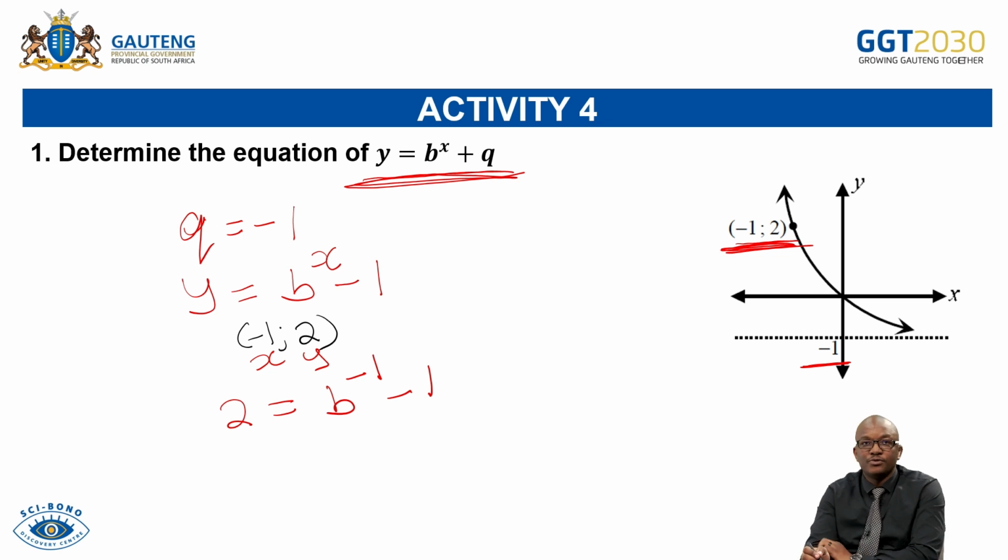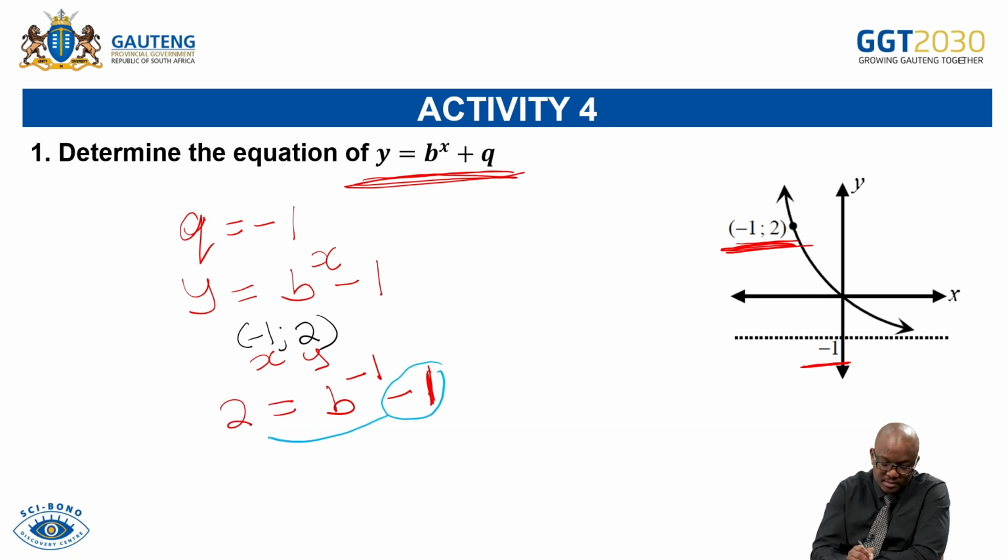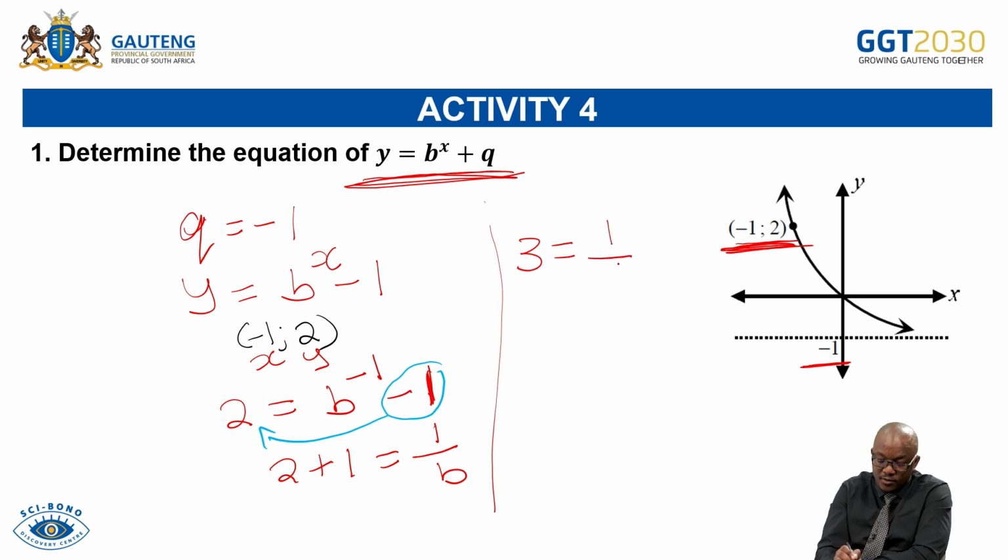So now we need to make b the subject of the formula. We still transpose that -1 to the right hand side. We're going to have 2 plus 1 is equal to, now your b, we can write it as a positive exponent, which is 1 over b. So, 2 plus 1 is 3, equals 1 over b.